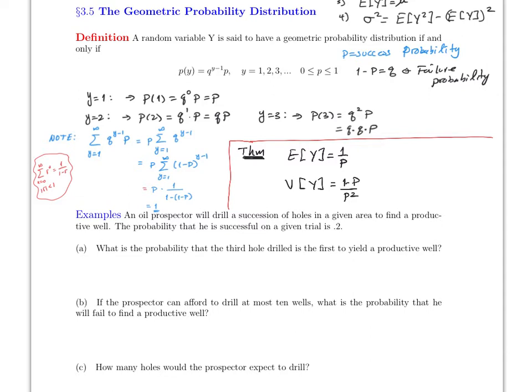Now for this one, remember by definition, the expected value of y will be the sum of y times p of y, but p of y is equal to q to the y minus 1 times p. And once you do the sum, you have to take the derivative here to use on the series.